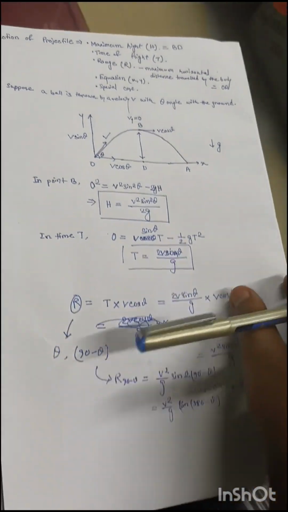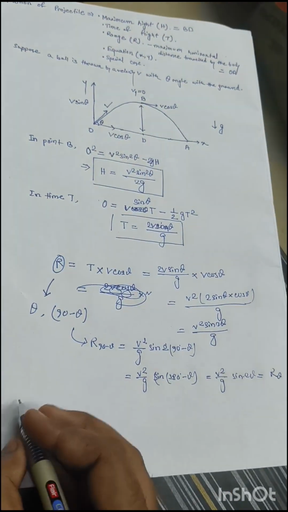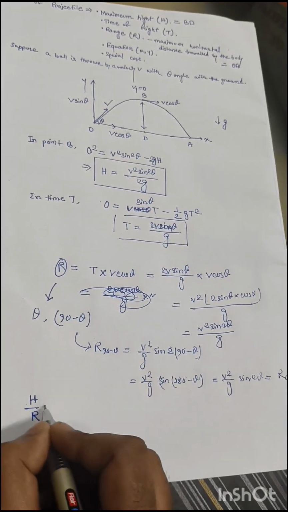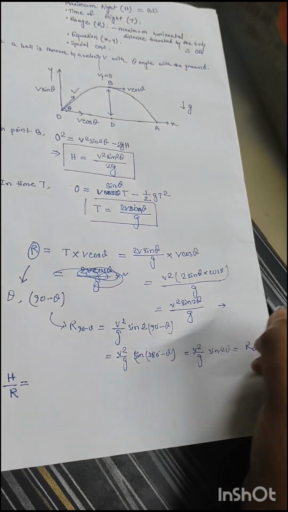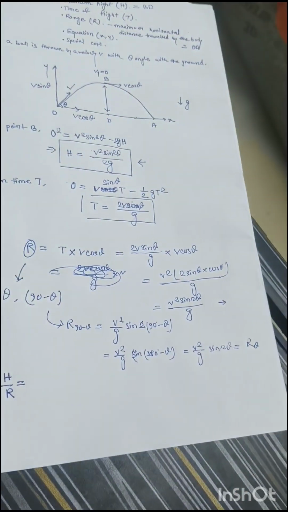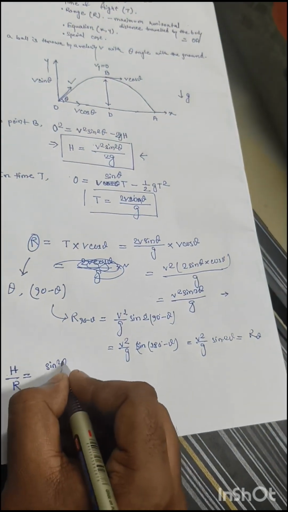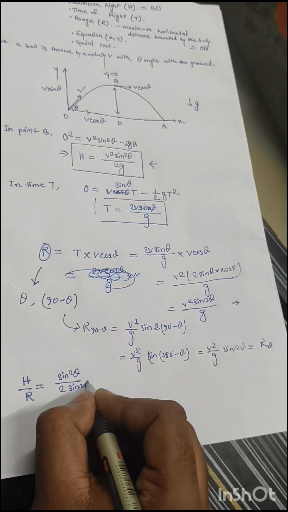Now there is an important thing: what is the relation between r and h? Suppose h by r. Here v square by g is common on both sides, but here sin square theta and 2 sin 2 theta.